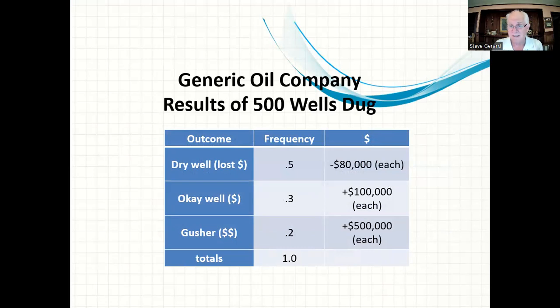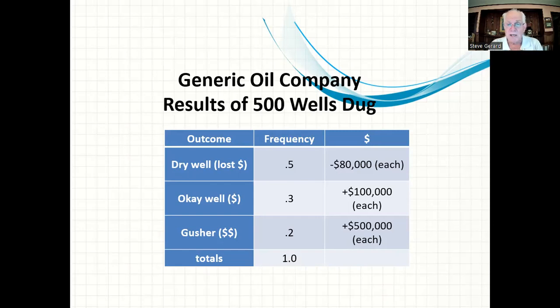They didn't give you anything. And in each case, I lose $80,000. That's what it cost me to dig a dry well. So I dig a well, I got nothing, I've lost $80,000. And that has happened 50% of the time over the last 500 wells. 250 out of 500 wells came up dry.